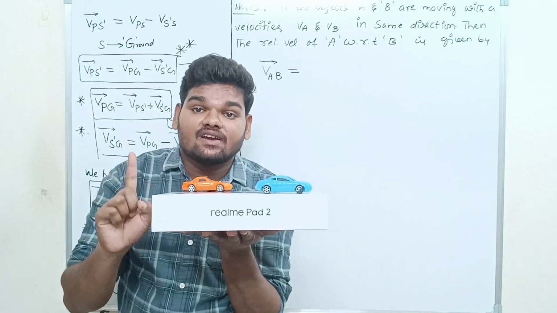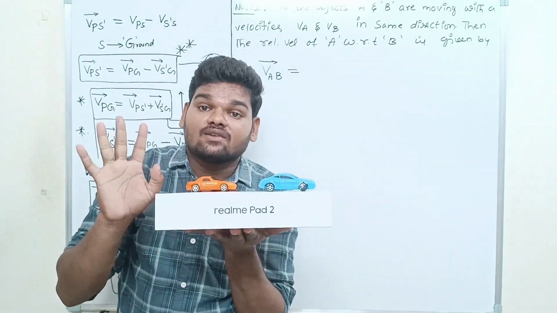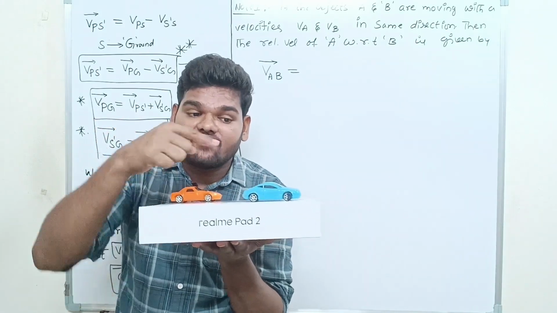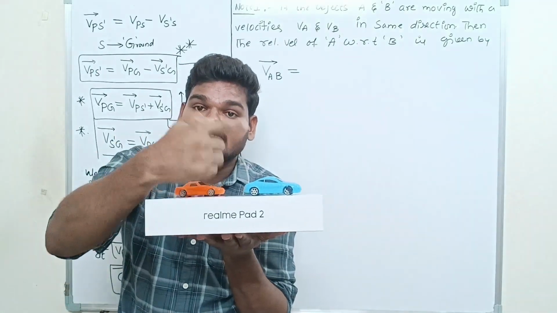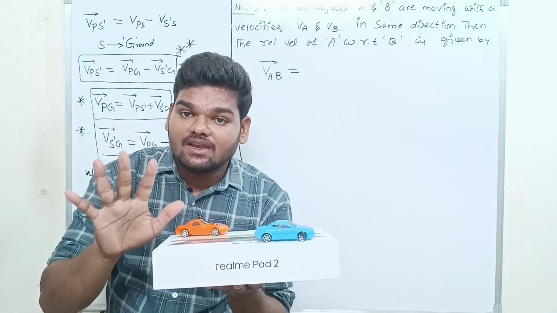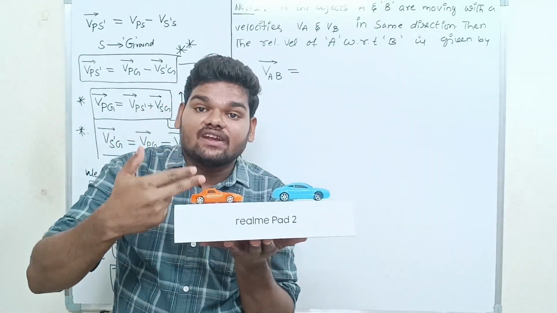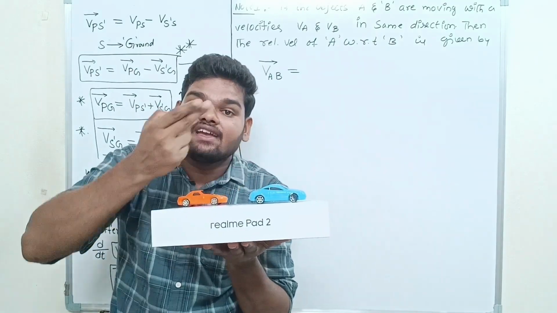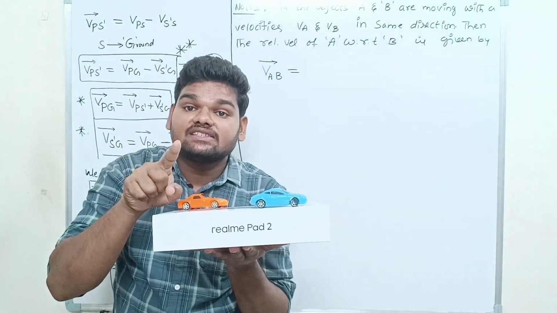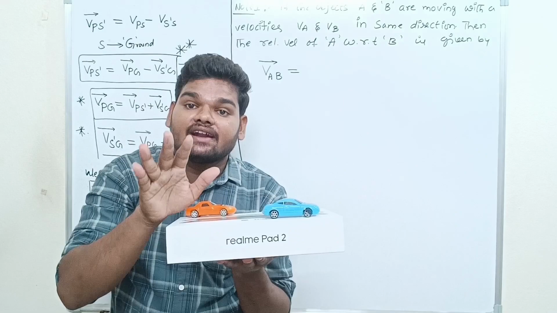What are we finding? We are finding relative velocity. So simply, the relative velocity of an object A with respect to an object B means the difference between the velocities of object A and object B. Difference is denoted by a negative sign.